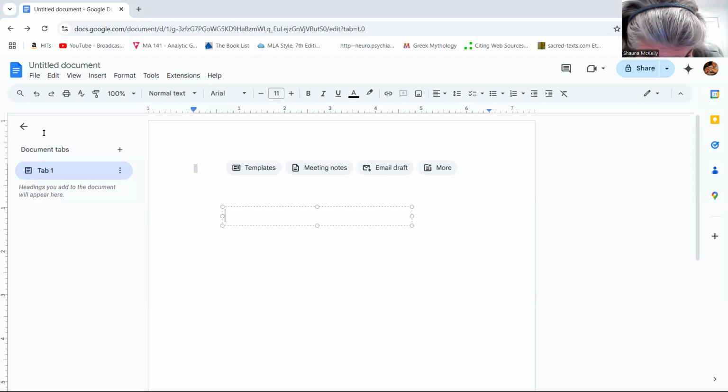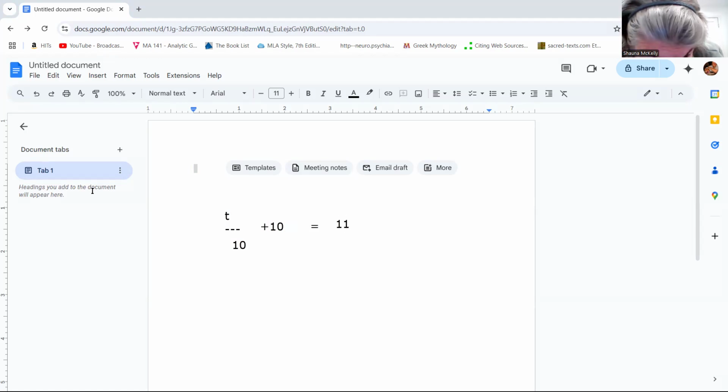I'm going to type this just to avoid having my t's look like pluses. T over 10 plus 10 equals 11.